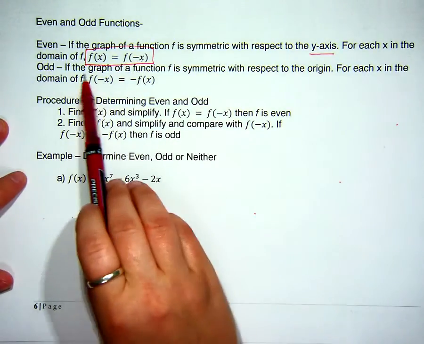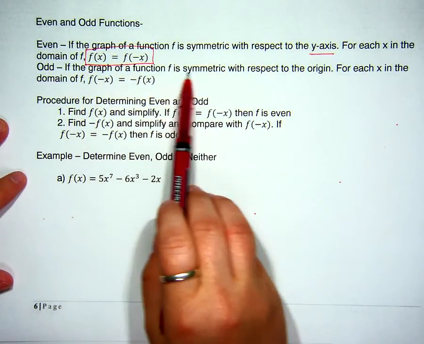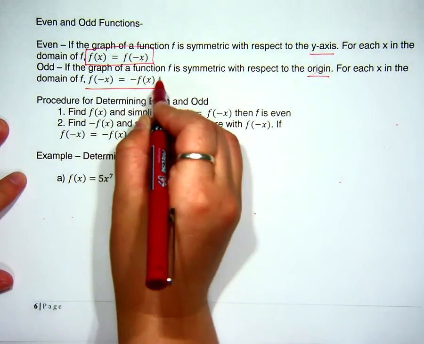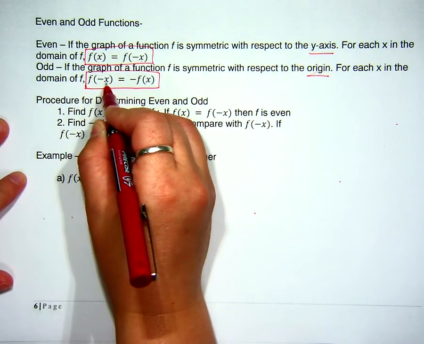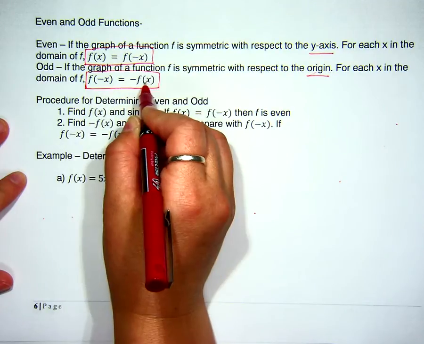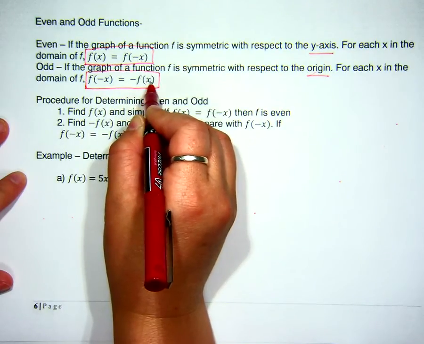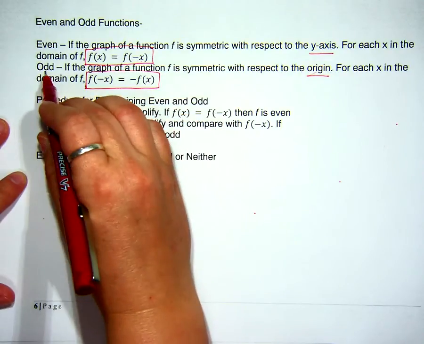Odd says if the graph of a function is symmetric with respect to the origin, that says for every x in the domain, if I replace my f(x) function with negative x's, f(-x), that should be the same value as if I just negated every element in the function, -f(x). This would be odd. Okay.